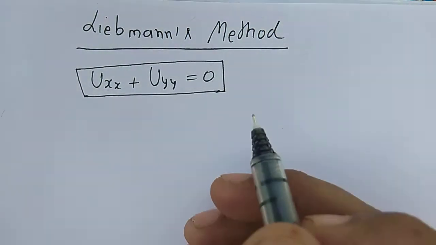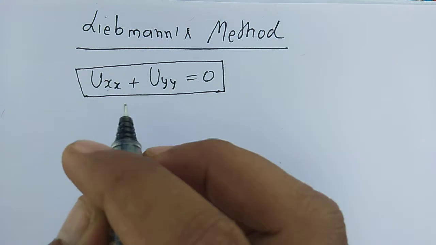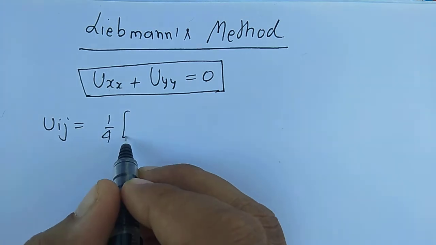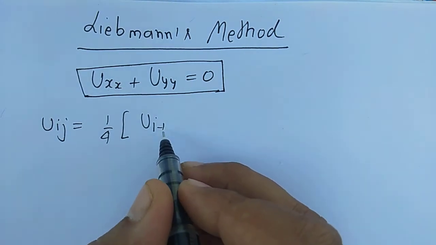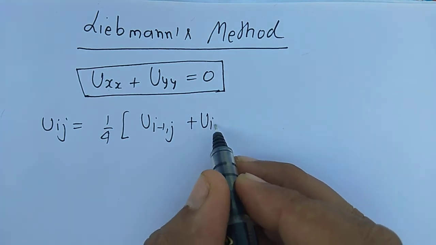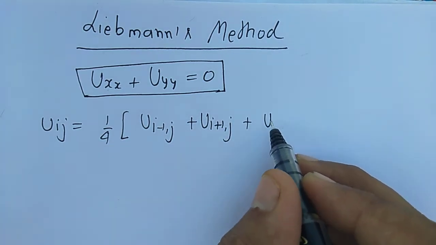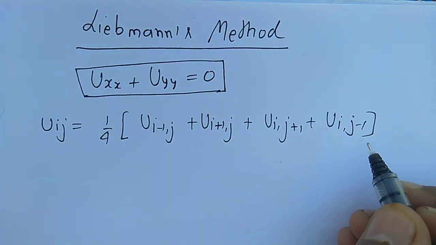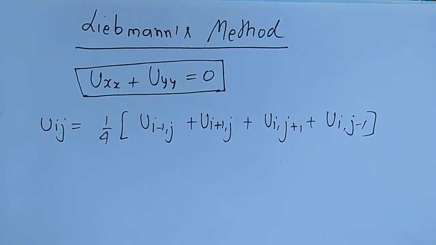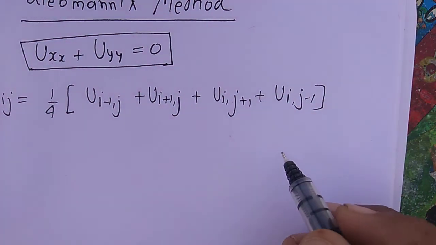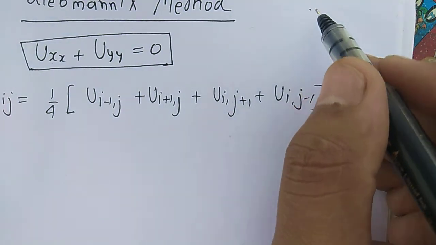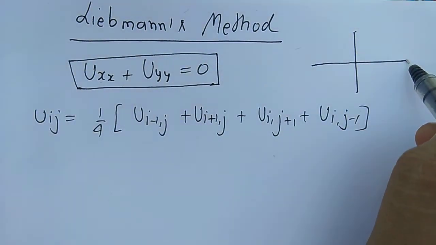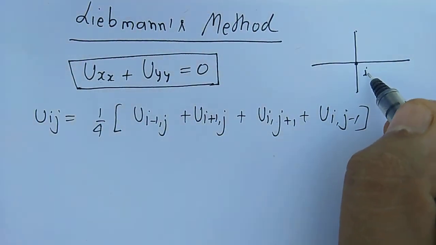When you apply the finite difference scheme, we get u i j equal to 1 by 4 of u i minus 1 j plus u i plus 1 j plus u i j plus 1 plus u i j minus 1. So this is your standard 5-point formula. If you see the geometry, this is your i j point.